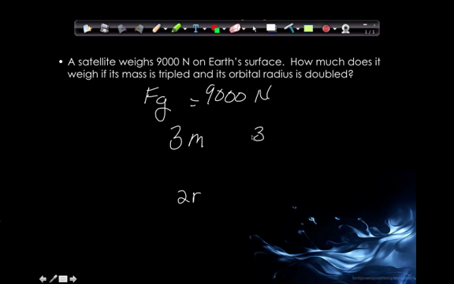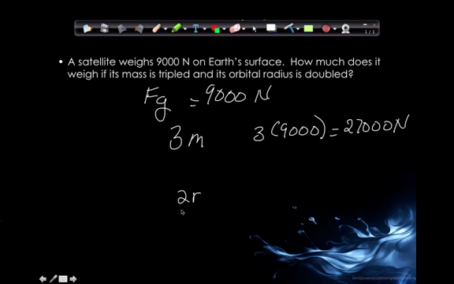So I'm going to take my force of gravity and multiply it by 3, and I get 27,000. This would be the end of the work if the radius did not also double. This would be the new force if the mass was just tripled.